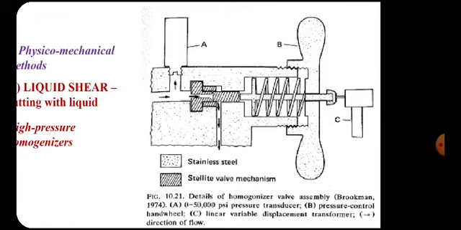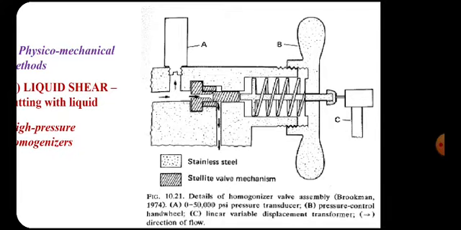So the pressure is applied, or it can be controlled, by this B part. And then the C part is the terminal one. It is a linear variable displacement transformer, which allows the flow of liquid only in one direction.